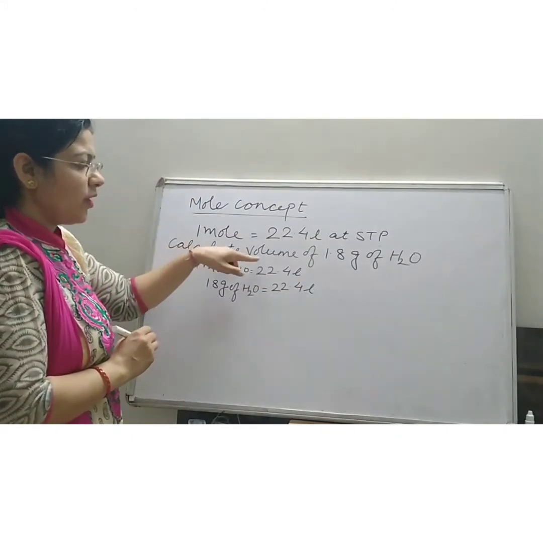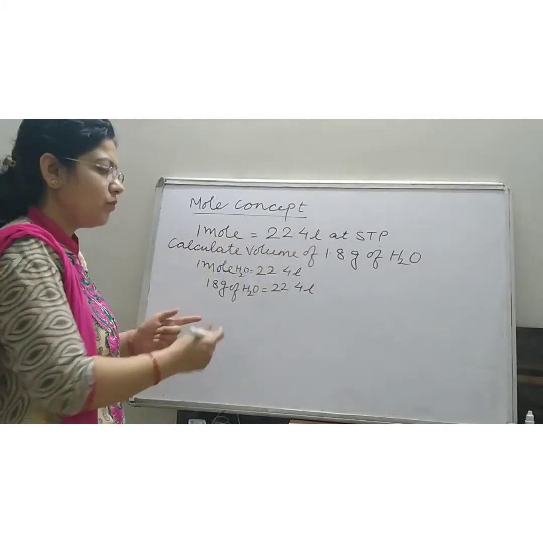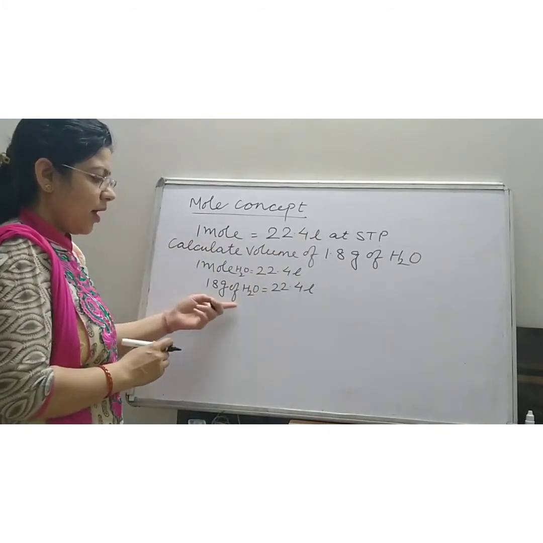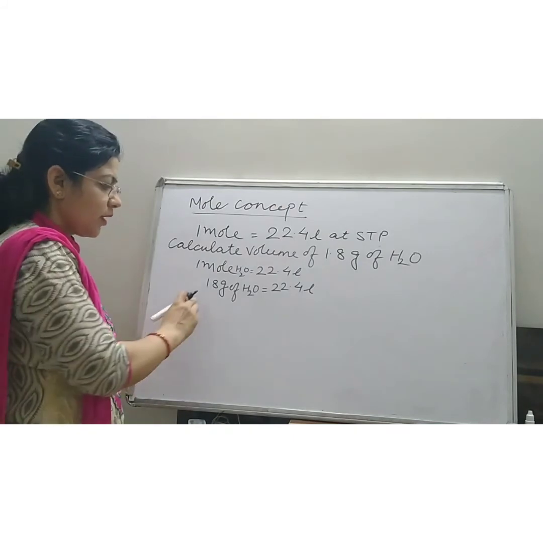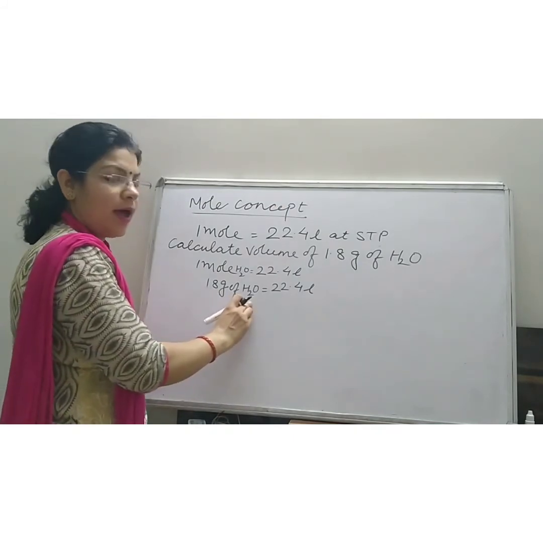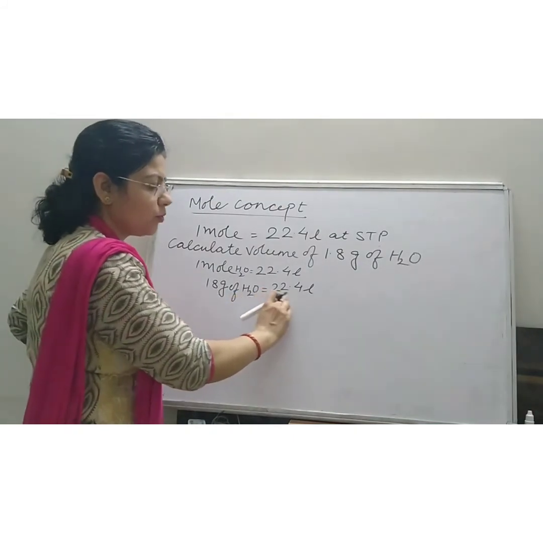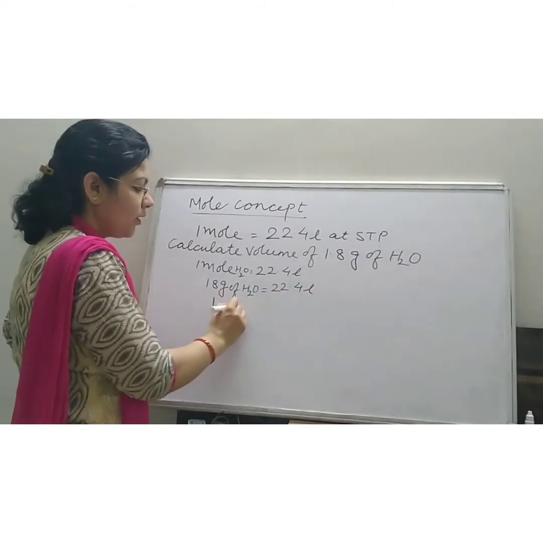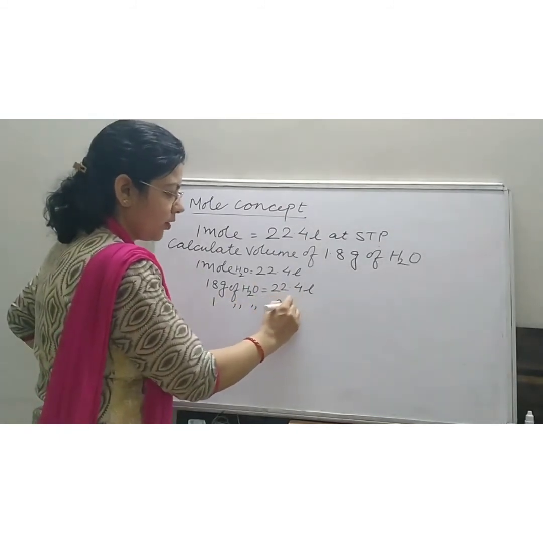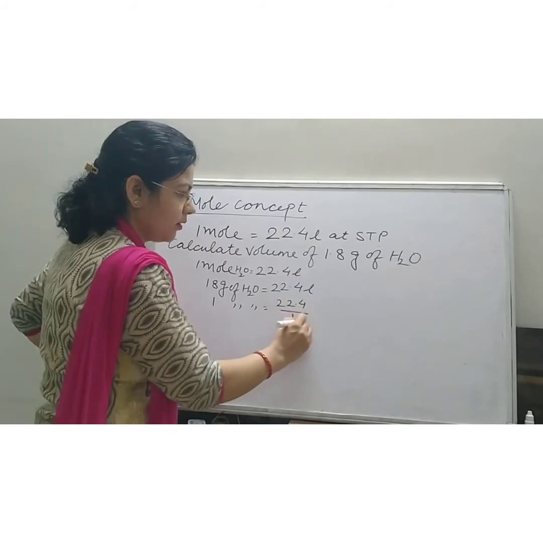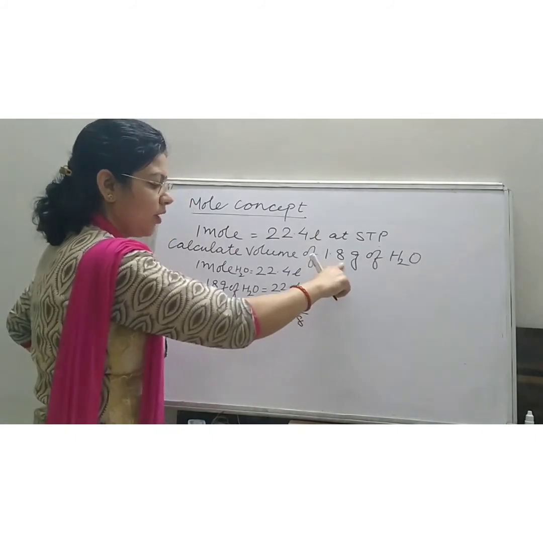As in this question we have to calculate the volume, so we put volume on the right side and mass on the left hand side. 18 grams of water has volume equal to 22.4 liter. 1 gram of water is equal to 22.4 divided by 18, and we have to calculate for 1.8.